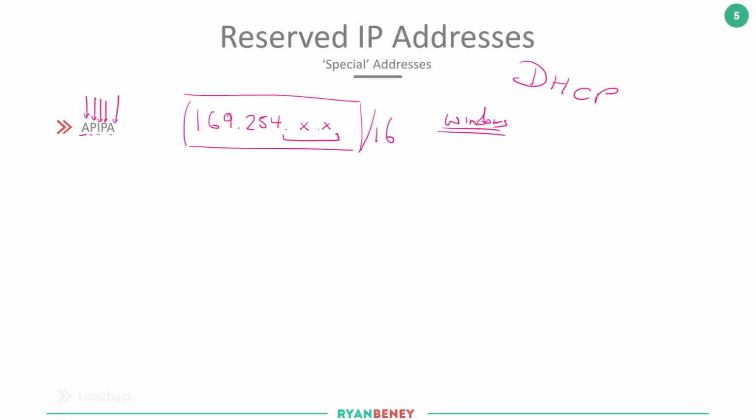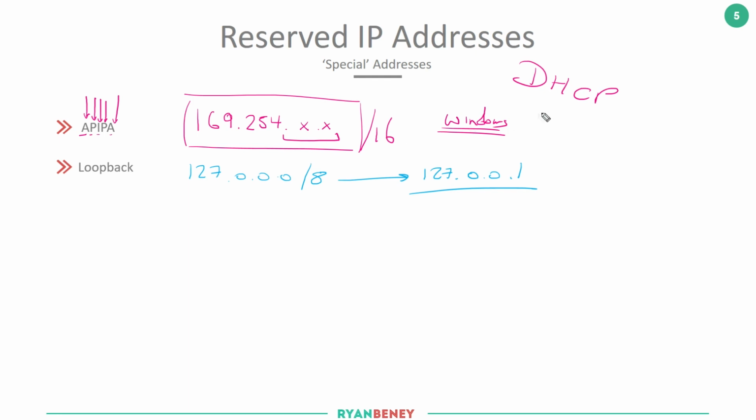And the next one is the loopback address. The loopback address is part of the 127.0.0.0/8 range. Most likely you're going to see it as 127.0.0.1.